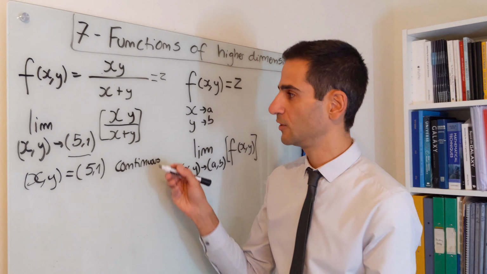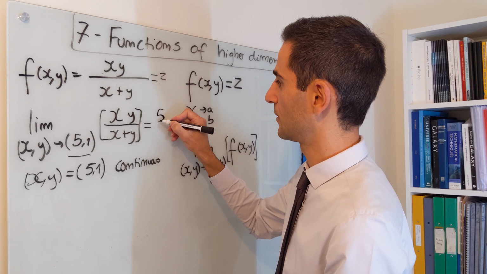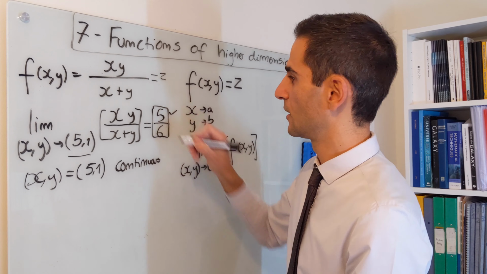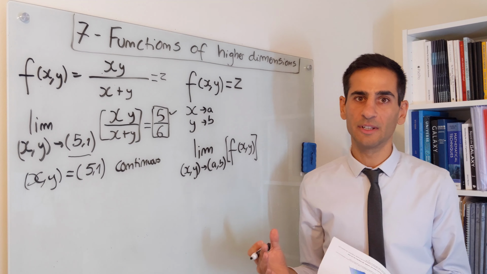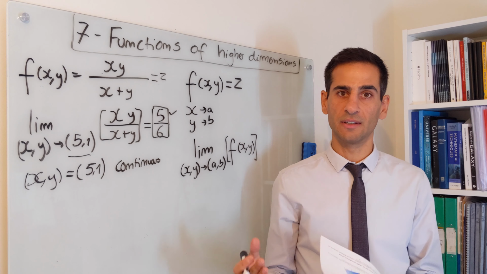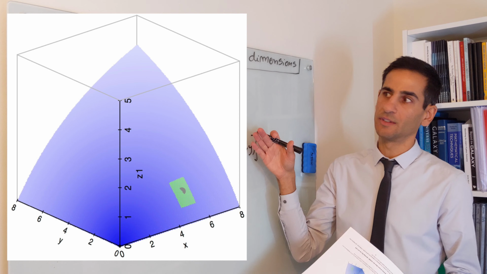So all you have to do is plug in the values. In this case, you get 5 over 6. Therefore, calculating a limit of a function of more than one variable can be incredibly easy. You also have this example showing you this function.